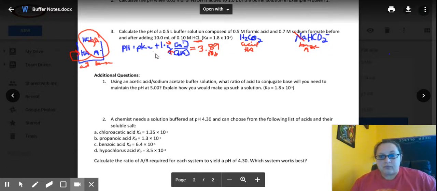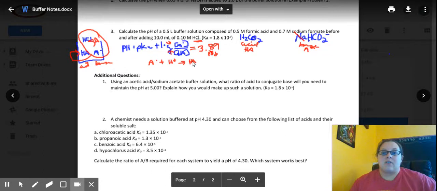So let's write our reaction. Remember, our generic form of the reaction is strong acid reacting with the base: A minus plus H plus, that's our strong acid component, yields HA.